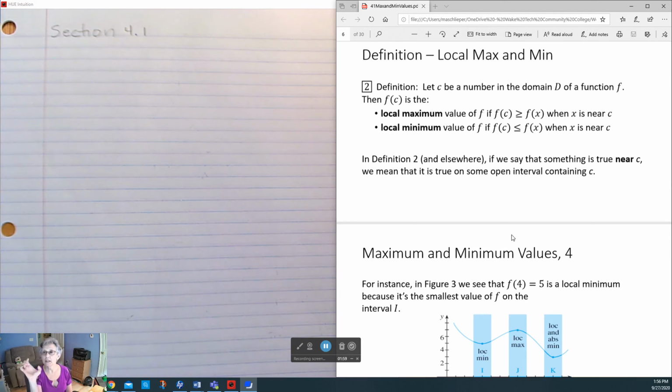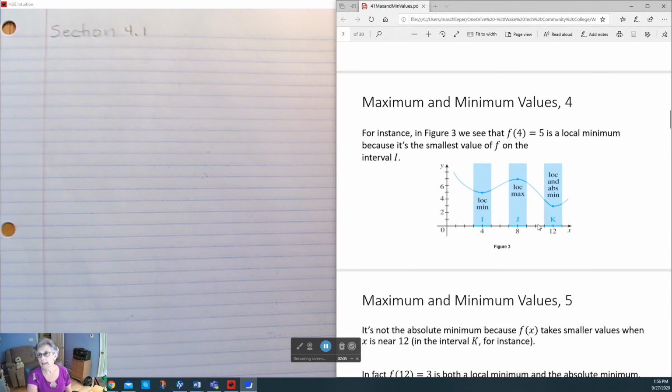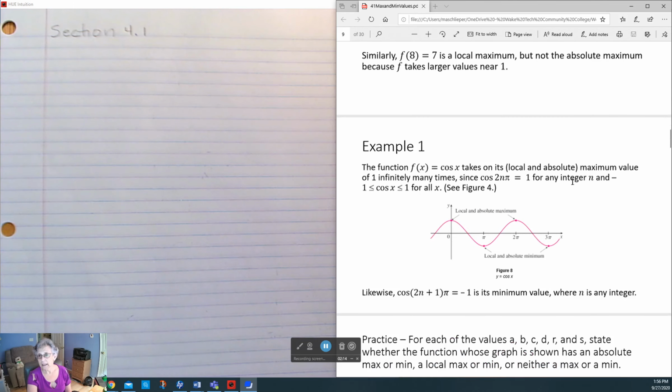So it has to be an interval containing that number for it to be a local max or a local min. It can be both. You can have a local min or max that is an absolute. Okay, so again, I think you've probably got a pretty good idea of those, either just from logic or from the Desmos activity.